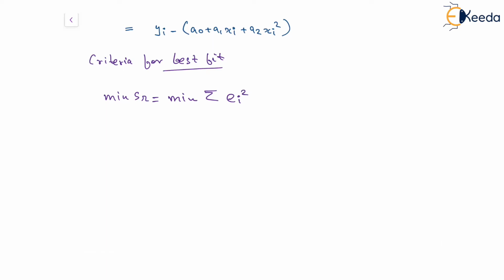If we take only the error, it can be positive or negative, which can cancel out each other. So we'll just take the square of it and try to minimize this.